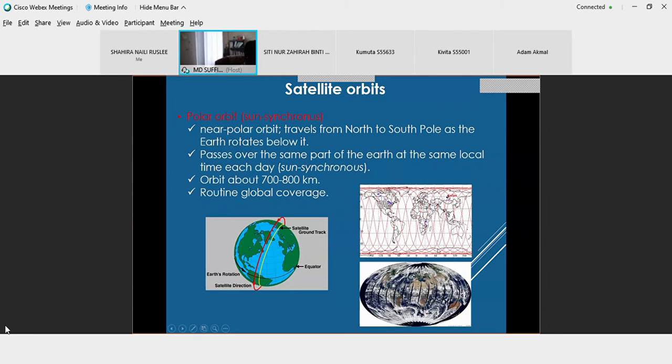And then selepas 14 hingga 16 hari dia akan sampai tempat yang sama. Itu dia punya overpass ataupun dipanggil pass coverage dia. So dalam masa 2 minggu baru kita dapat keseluruhan kawasan di muka bumi.